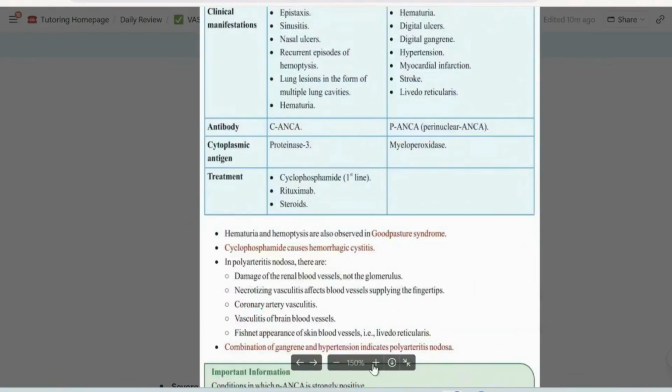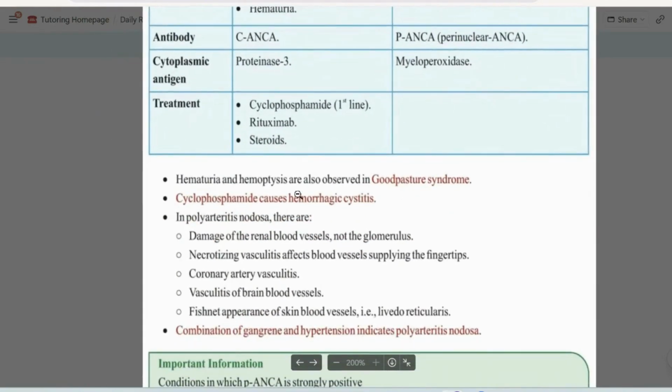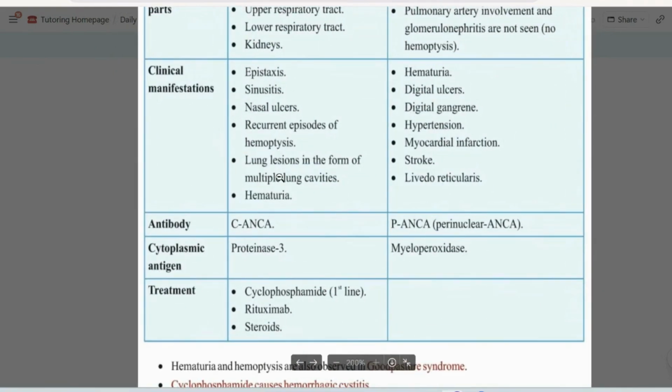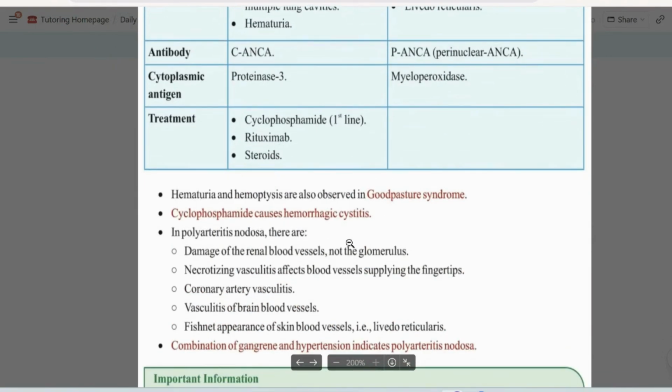Cyclophosphamide causes hemorrhagic cystitis. That's an adverse effect, very high yield adverse effect, right? Imagine this. I give cyclophosphamide as a treatment for GPA, okay? Tomorrow, I see that the patient is complaining of blood in the urine, right?